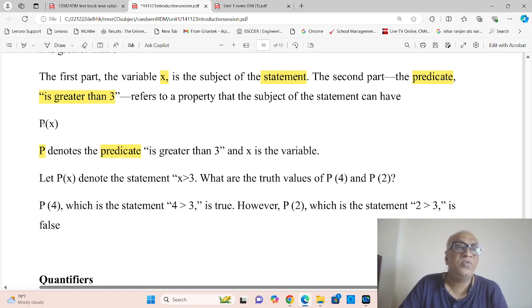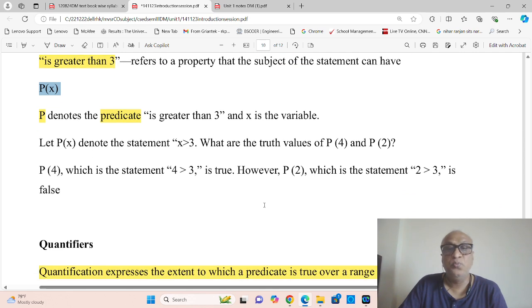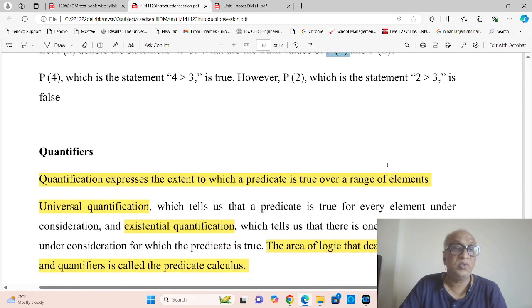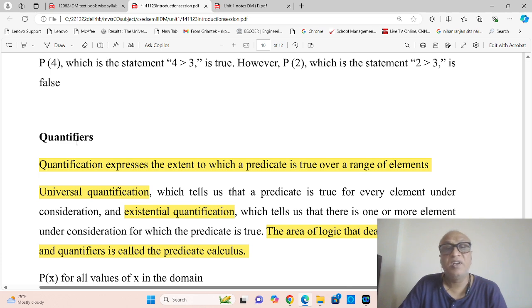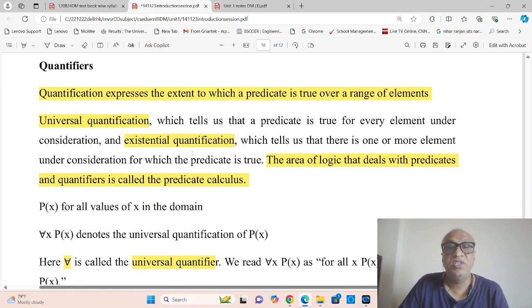So if I write P of x, here P denotes the predicate and x is the variable, and let us say is greater than 3 holds. If I give P of 2 and P of 4, P of 4 will be true and P of 2 will be false. What is a quantifier? The extent to which a predicate is true over a range of elements. You have universal quantifiers and existential quantifiers, which tell the range.